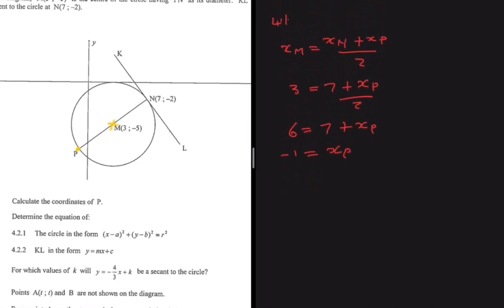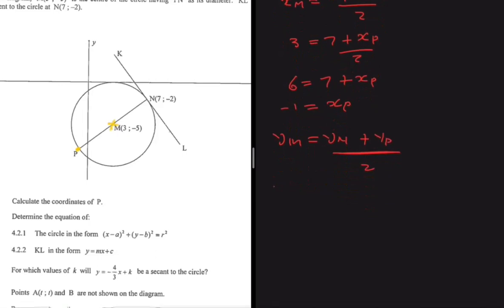Now let's find y of P, right? We're gonna exploit the coordinate M again. We're gonna say that y of M, if that's what we were looking for, we would say y of N plus y of P divided by 2, right? So if we substitute again, we're getting minus 5 is equal to minus 2 plus y of P divided by 2.